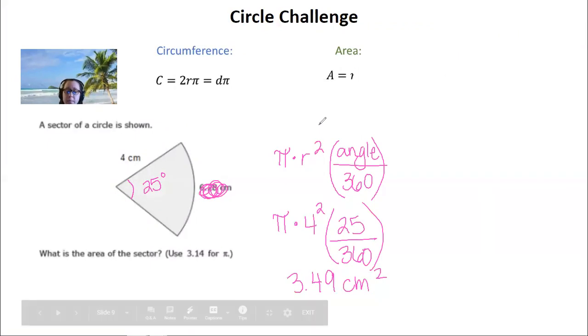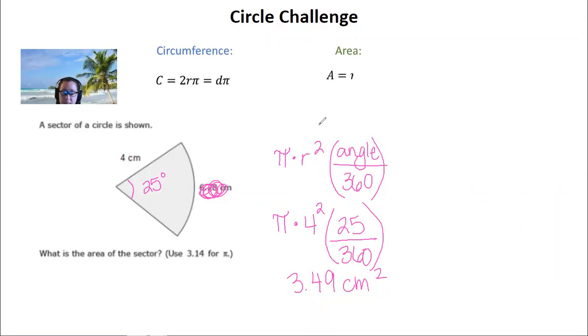Now, sometimes with areas of a sector, instead of being given a central angle like that, you're given an arc length. So area of a sector given arc length, and that's just another formula.